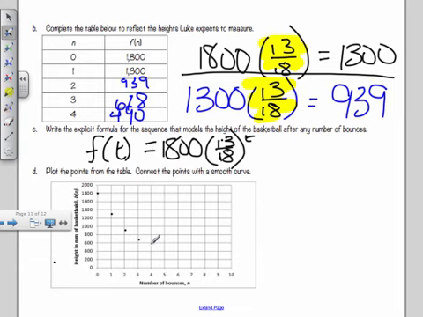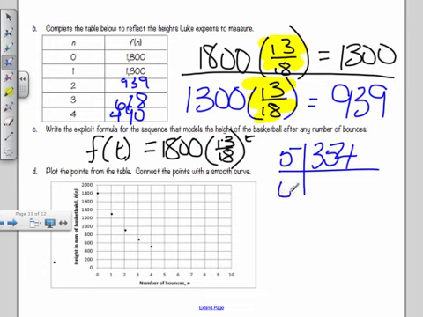And you know what? I would like you to try a couple more bounces and see what you end up getting. Go up to maybe the sixth bounce. I got that after 5 bounces, the height would be 354, and that after 6 bounces, the height would be 255.